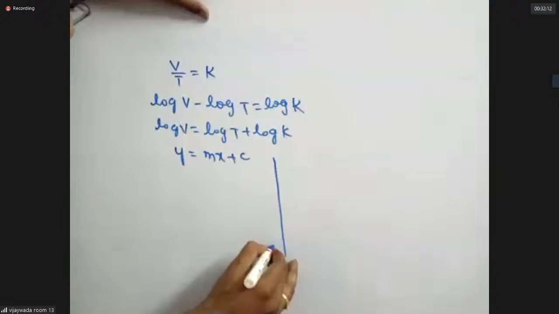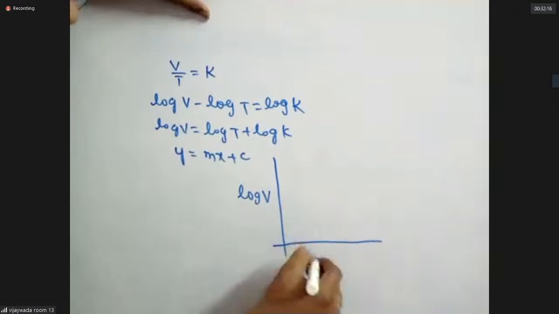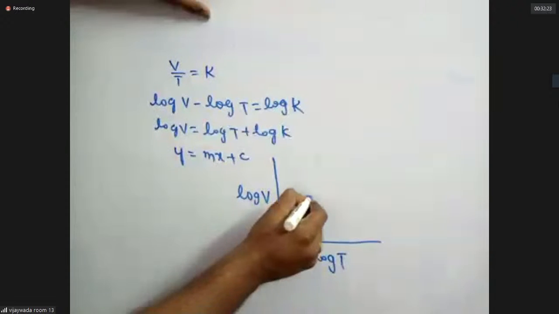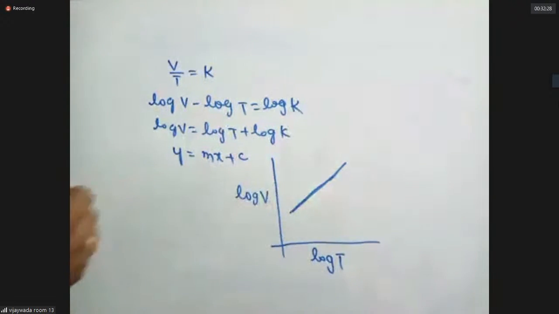If you draw a graph between log T and log V, you're getting a positive slope. So the graph will be like this, with a positive slope. Right. This is about Charles' law.